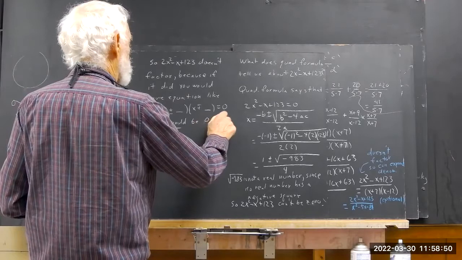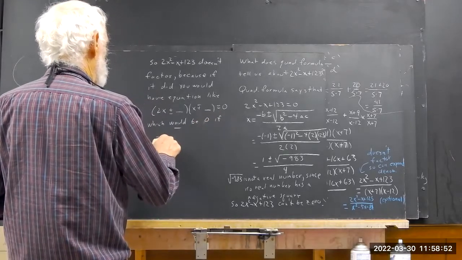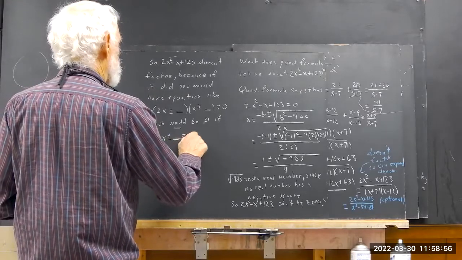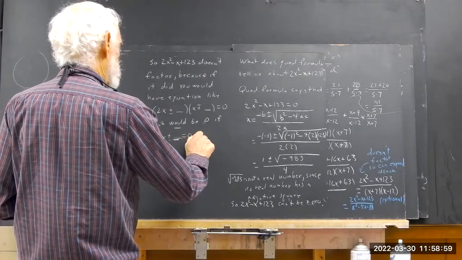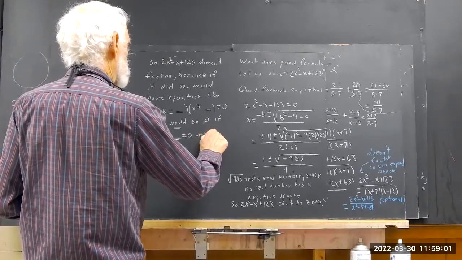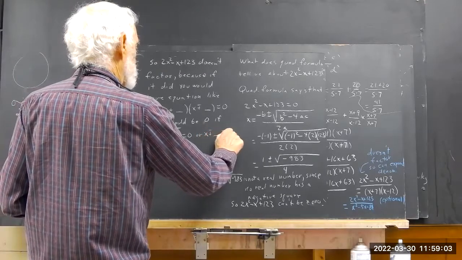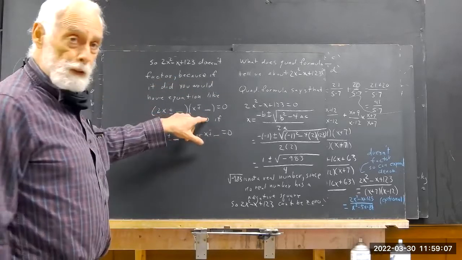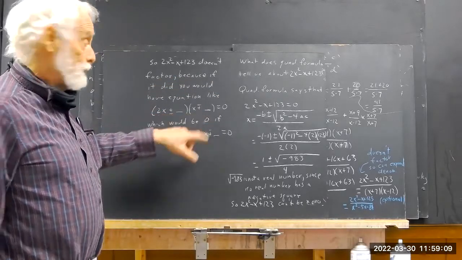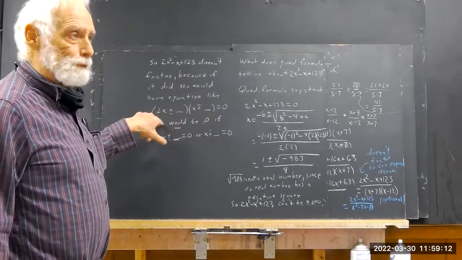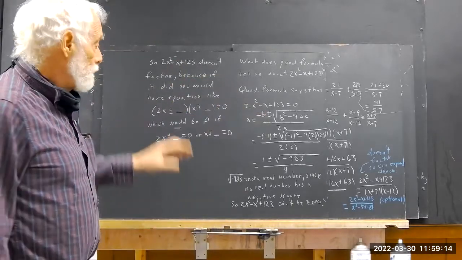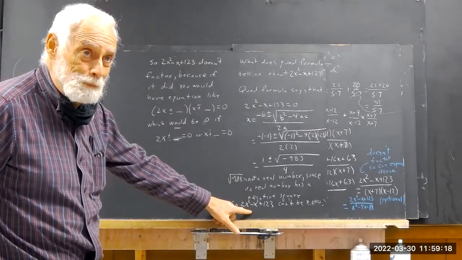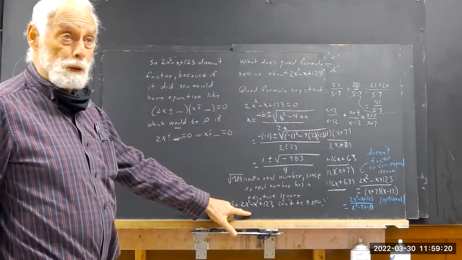So this would be 0 if 2x plus or minus whatever this is equals 0, or x minus or plus whatever this is is 0. In other words, you factor it into two things. Each of these things could be 0. And if one of them is 0, the whole thing is 0. So this would contradict the idea that this thing can't be 0, which you've proven using the quadratic formula.